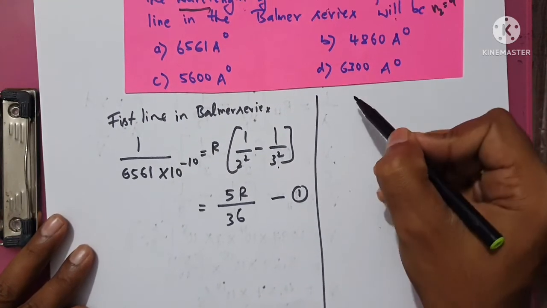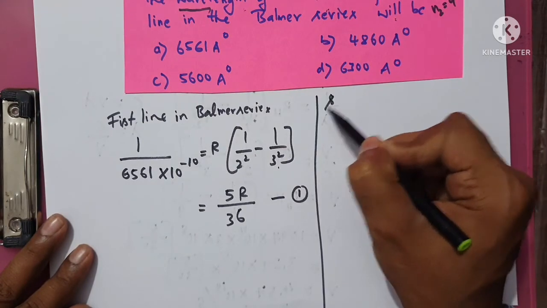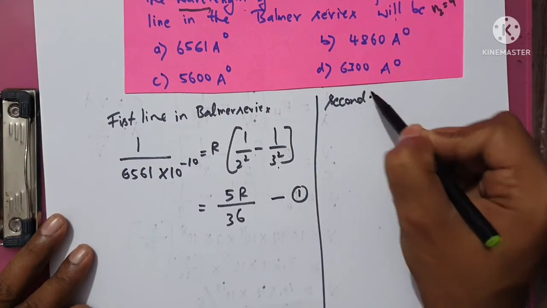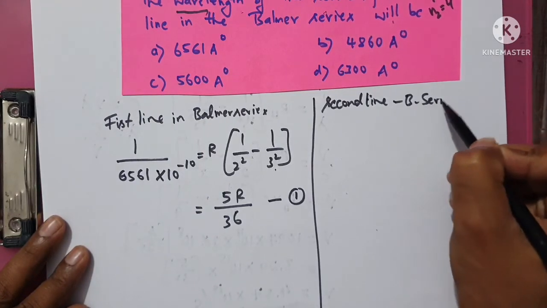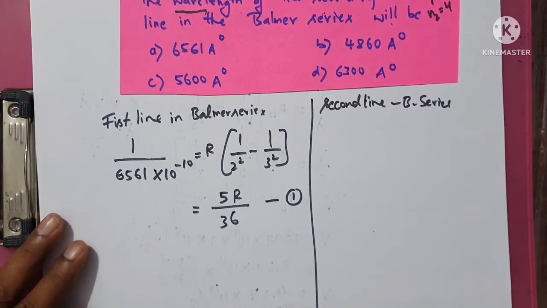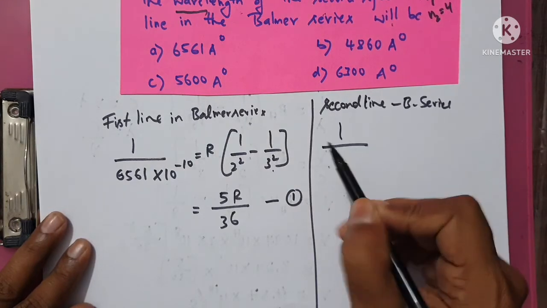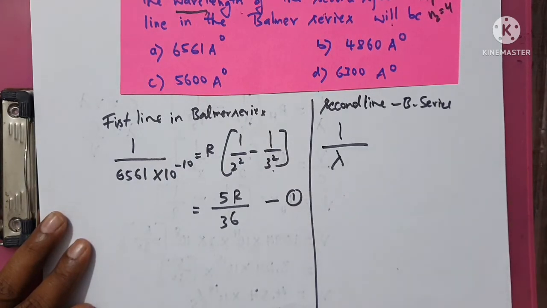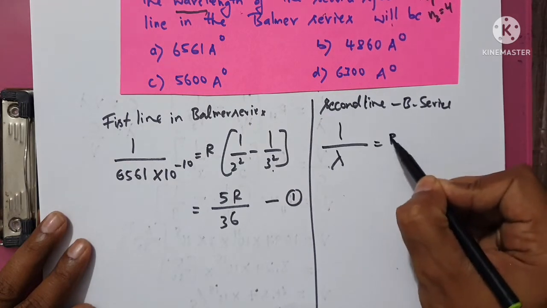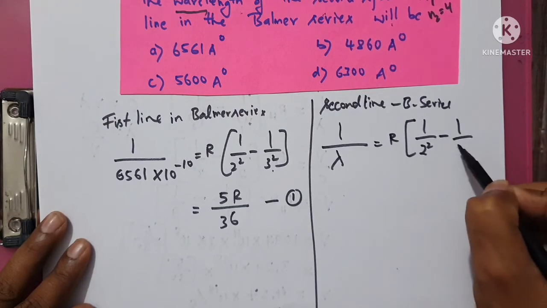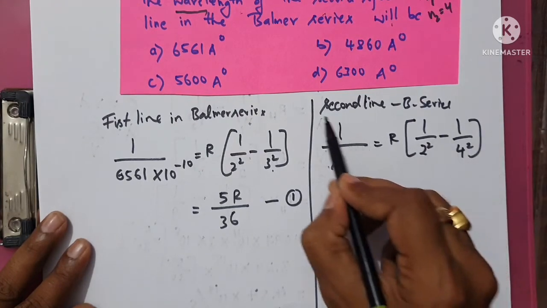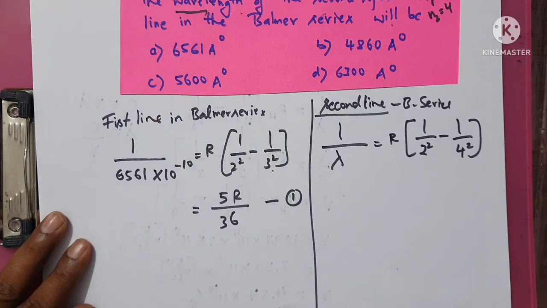Now I'll take the second line. When I take the second line of the Balmer series, I don't know the wavelength, so I'll take it as 1 by lambda. That is equal to R into 1 by 2 square minus 1 by 4 square, because it is the second spectral line.